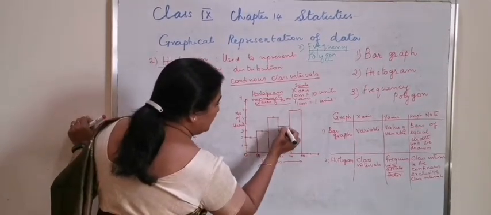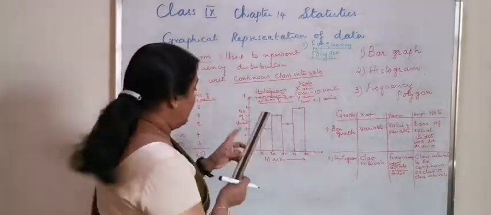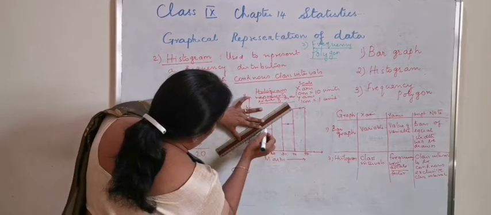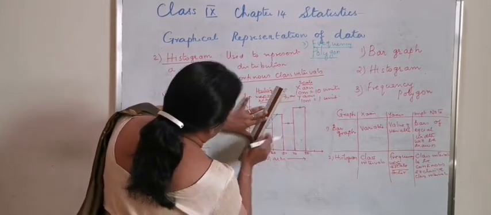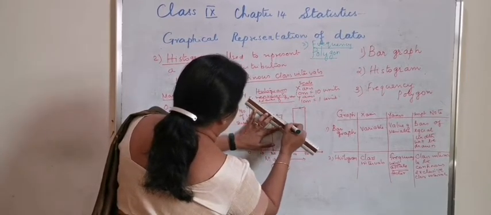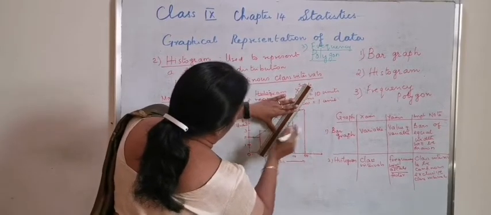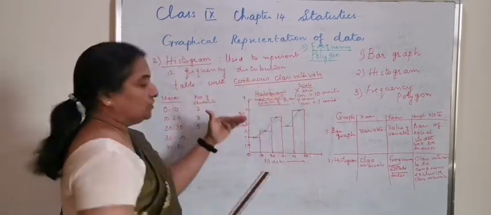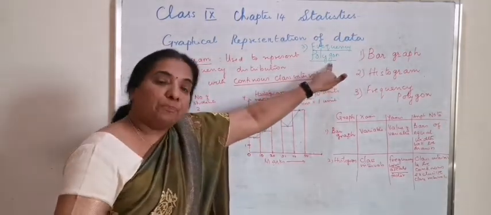You can plot the mid values, and by using a scale you will join the consecutive mid values. That will give you the joining of the mid values. But the word is frequency polygon.